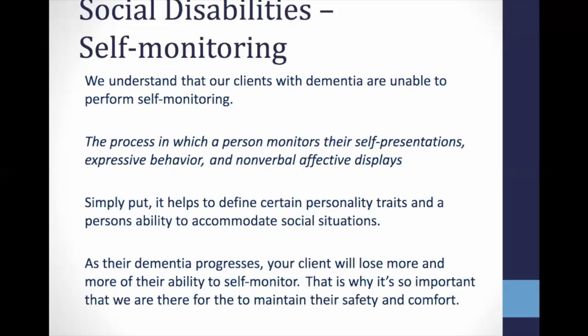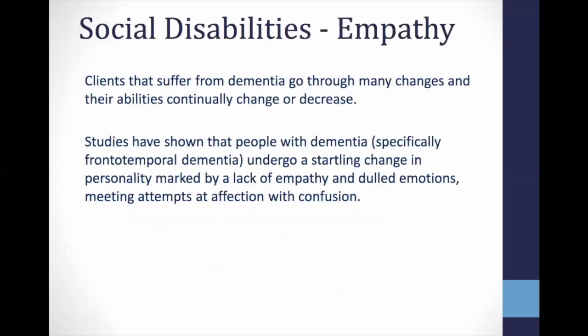All right? I want to touch just briefly on empathy because some dementia clients have this issue, but it is not a very common one, but it's worth folks just paying attention to for a minute in case it does happen, because you never know, right? So clients that suffer from dementia go through many changes and their abilities continually change or decrease.